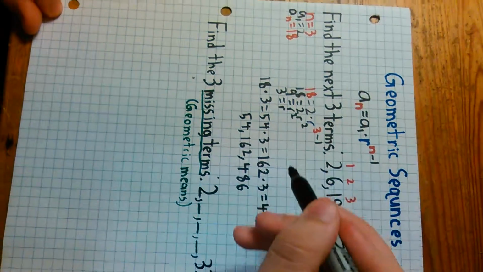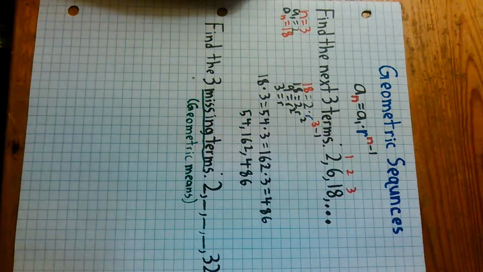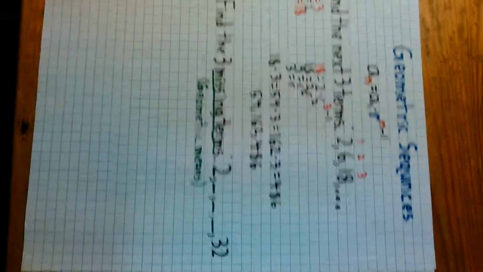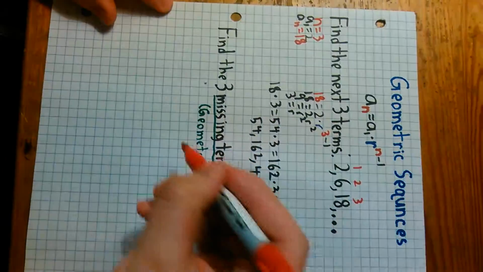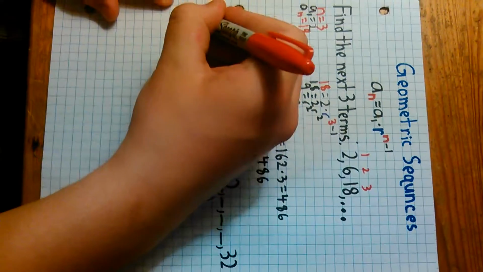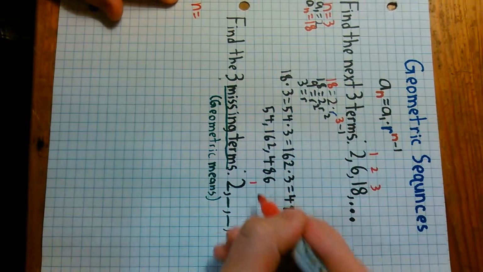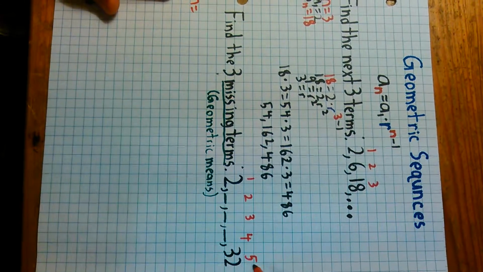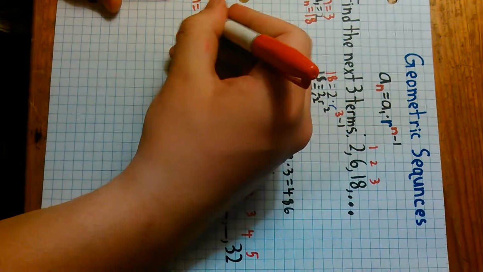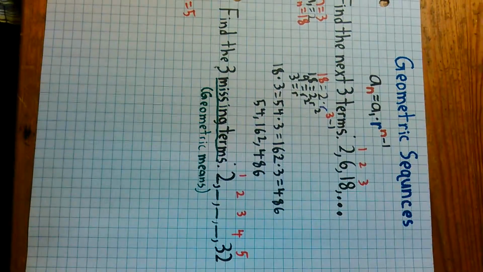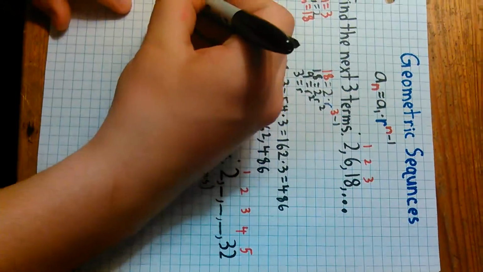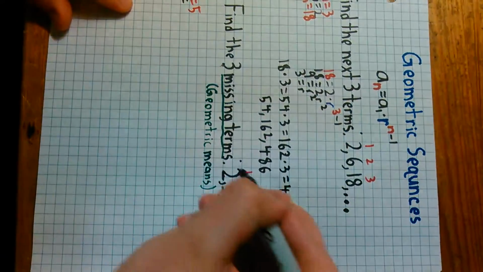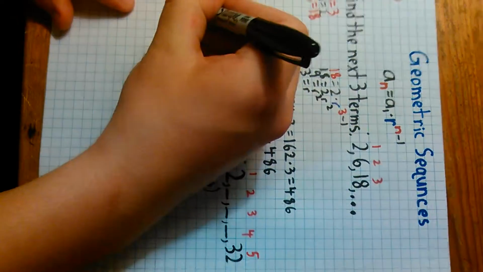So we'll start out like we did with our last example by finding out what our variables are. So we'll start out with n again. So n equals 1, 2, 3, 4, 5 terms, so n equals 5. A sub 1, our first term, is 2, so a sub 1 equals 2.